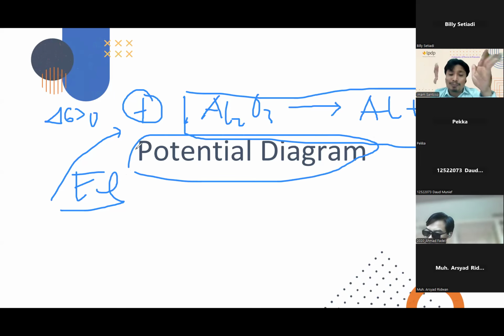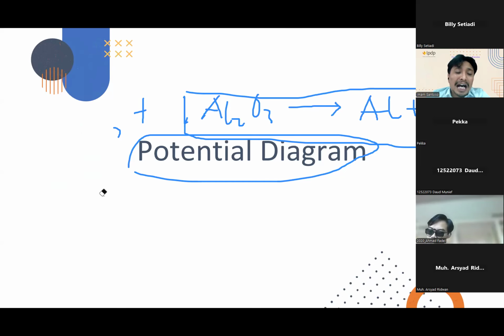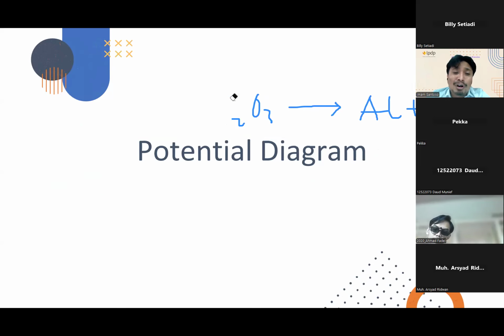What is the minimum voltage that needs to be introduced to the cell so the decomposition can happen? This can be seen from the potential diagram, which is actually another form of the Ellingham diagram.